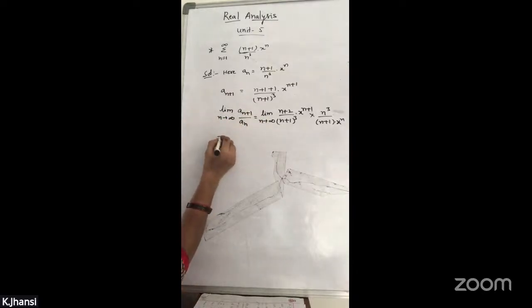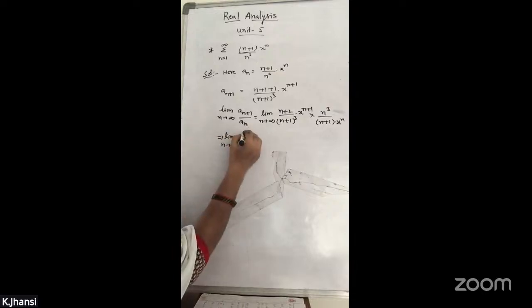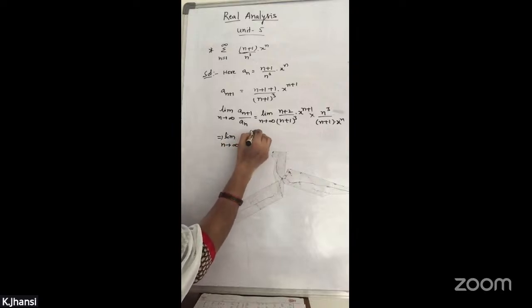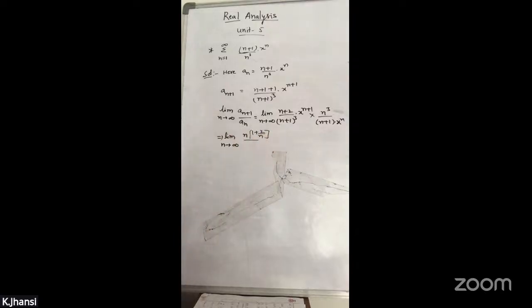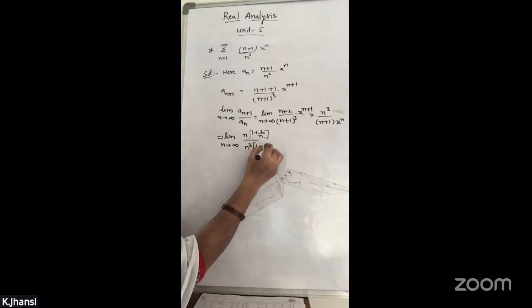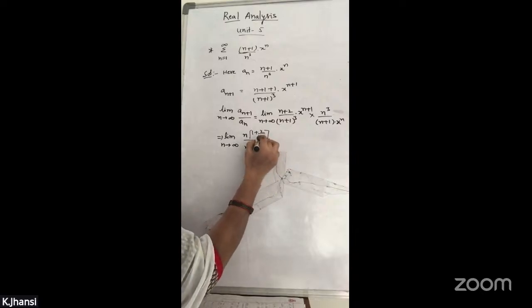Okay, this value is equal to limit n tends to infinity of n plus 2 by, or else here you take n value outside. So 1 plus 2 by n, and in the denominator if you take n common, n cube will come outside, and it will be 1 by 1 plus 1 by n whole cube.